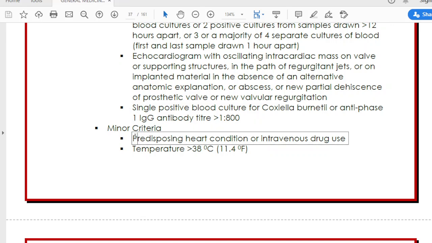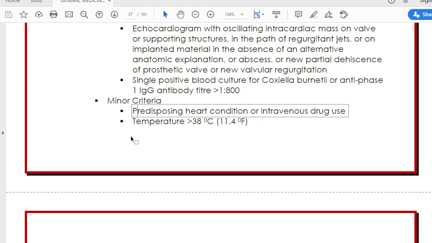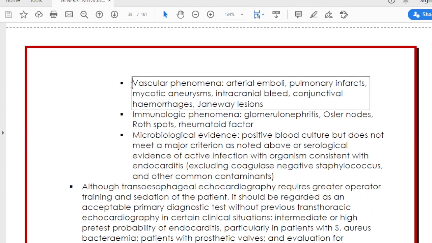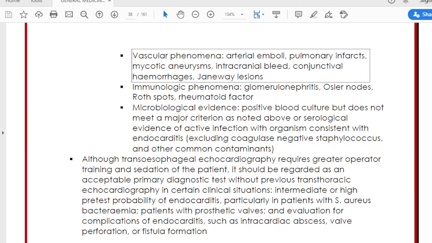Minor criteria: predisposing heart condition or intravenous drug use, temperature >38°C. Vascular phenomena: arterial emboli, pulmonary infarcts, mycotic aneurysms, intracranial bleed, conjunctival hemorrhages, Janeway lesions.